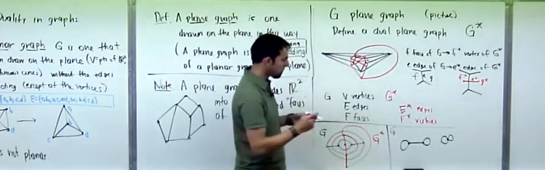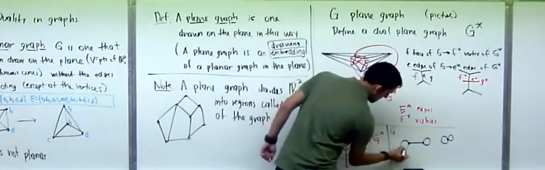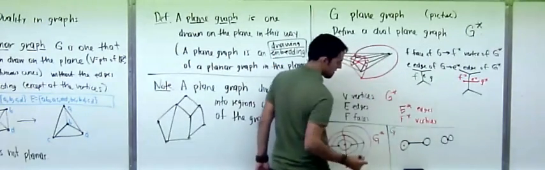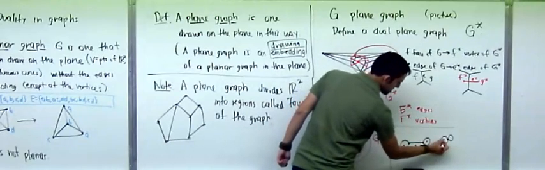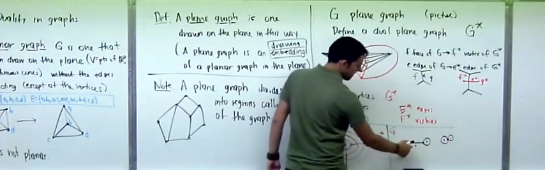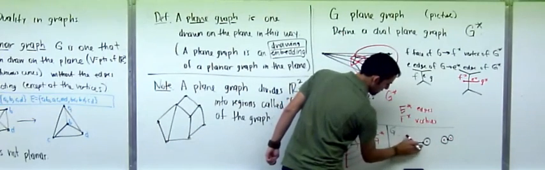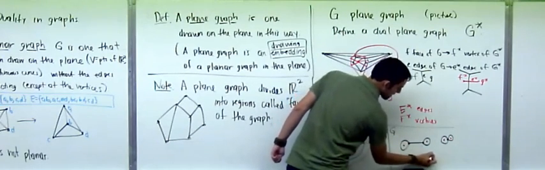So what do I do? Well, again, I put a vertex in each region. Notice, let me just put this red vertex, which is the outside face.